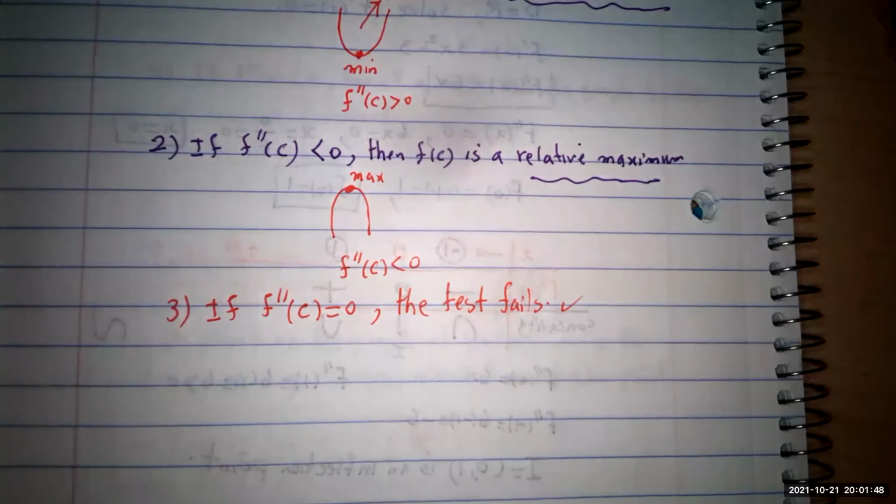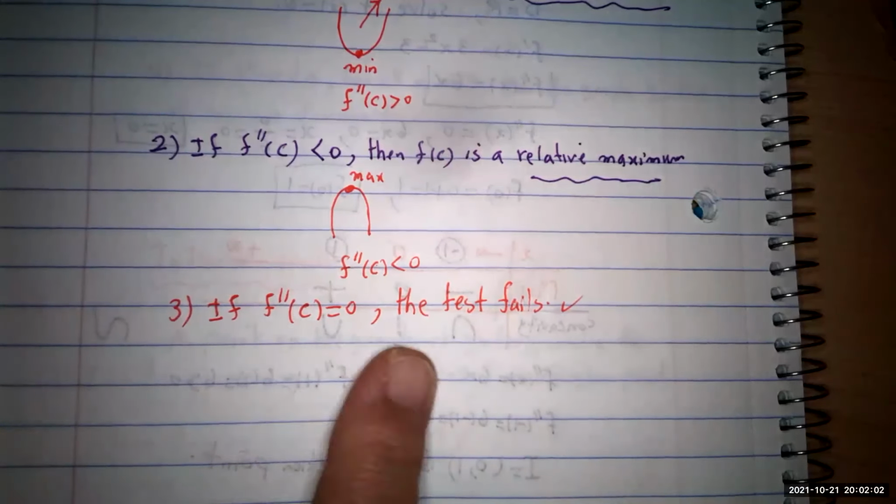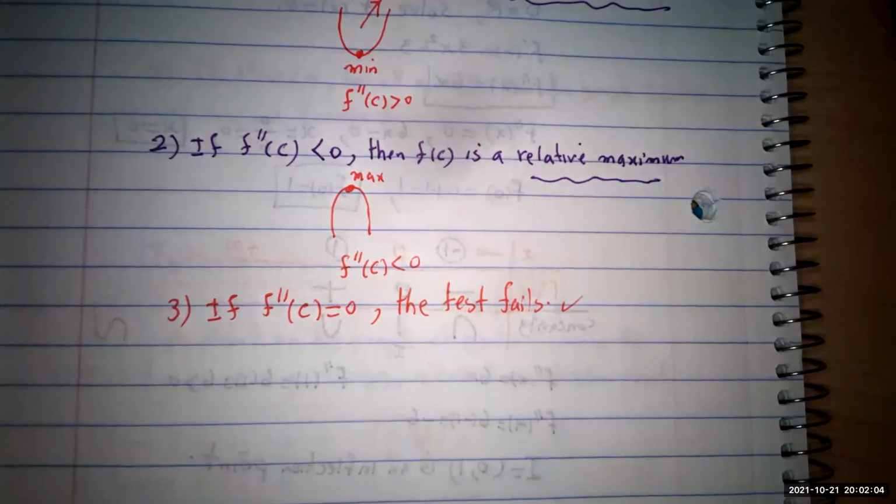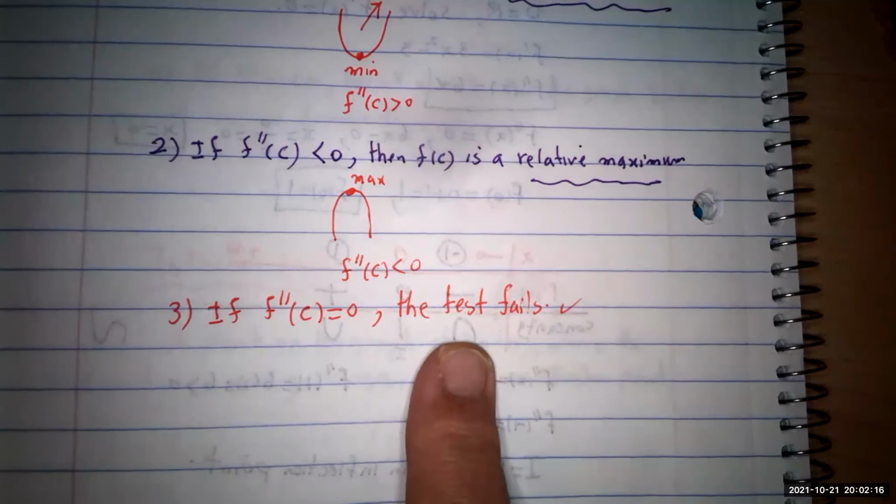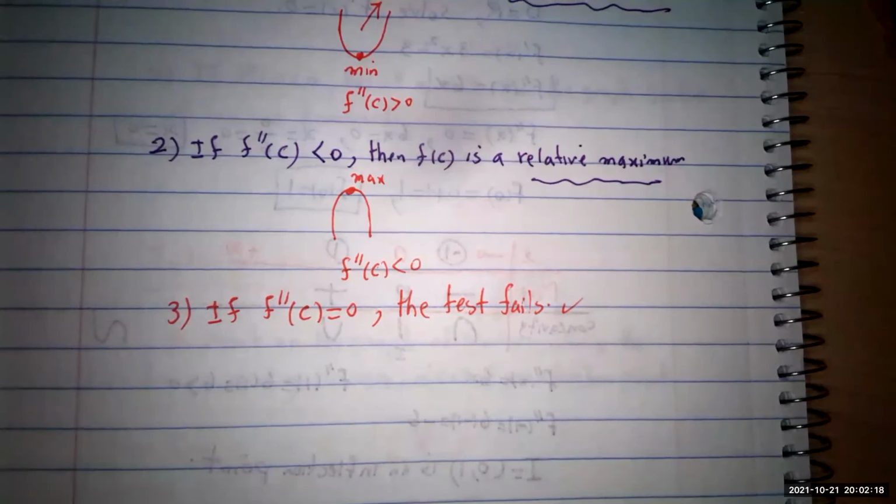There are some problems in your book that ask you to determine if the second derivative test can be used. For those problems, if you get this situation, you say the test fails and cannot be used. But if you are the one who chooses this test to find the max and the minimum, your test would fail. You are not done. You have to go back and get the chart of f prime to get the max or the minimum.